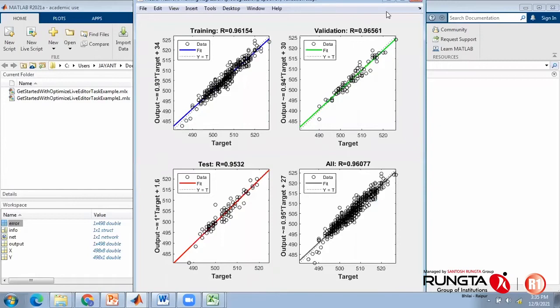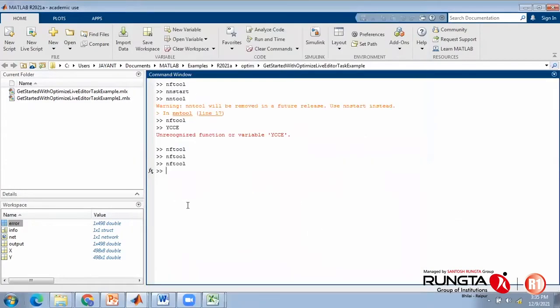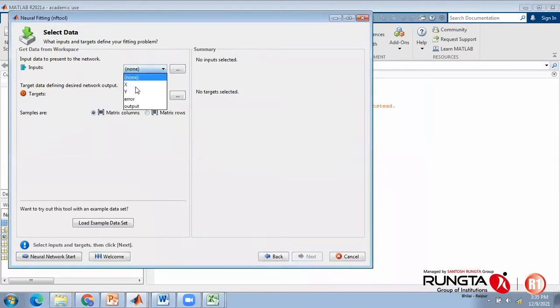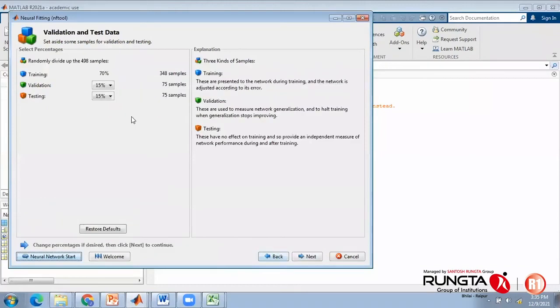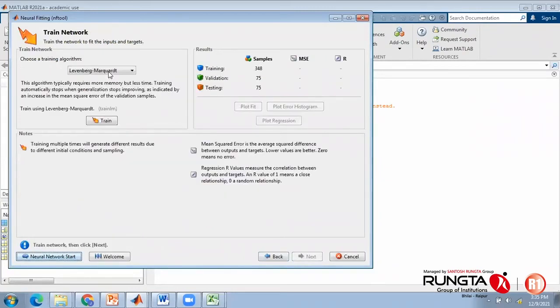Now, this is a fast version I'm doing, but this is how researchers usually need to work. Let me try the same one with the 5 topology, scaled conjugate gradient.